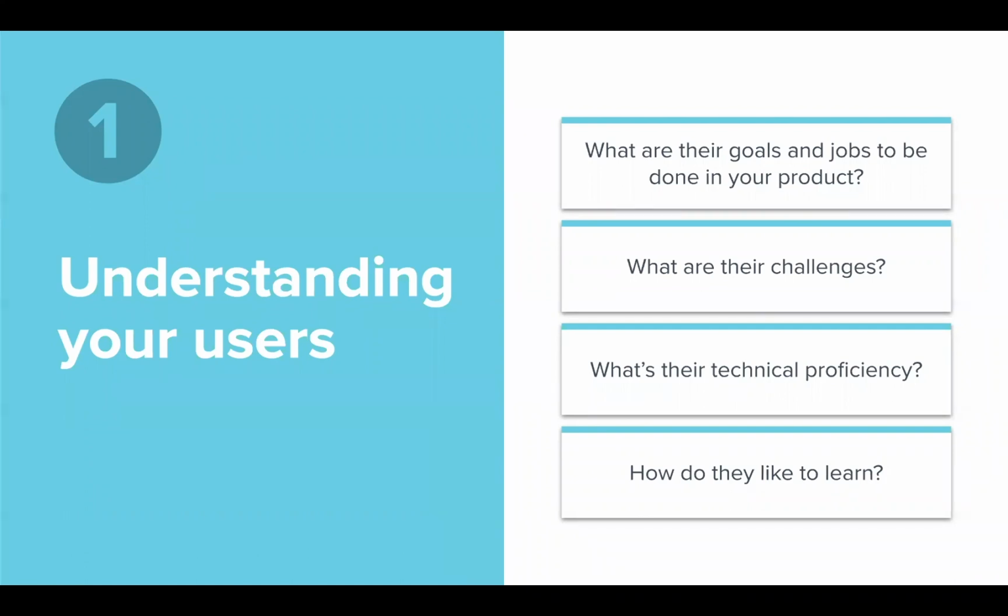But what we want to understand is not just what's the immediate problem that the user wants to solve, but how is this product fitting into the grand scheme of what that person is trying to accomplish? What are their values? What are their goals? Not only directly within the application, but you want to contextualize the problem that they're trying to solve.